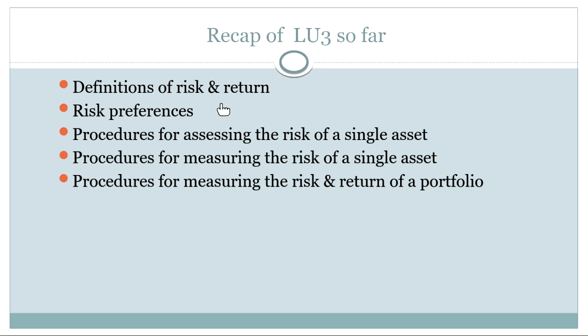If you have a look at page 66, I hope you guys have all got your textbooks with you, because we will also be referring to the textbook as we go through. So page 66, we have our first definition there, which is the definition of risk. So how do we understand risk from a financial manager's point of view?